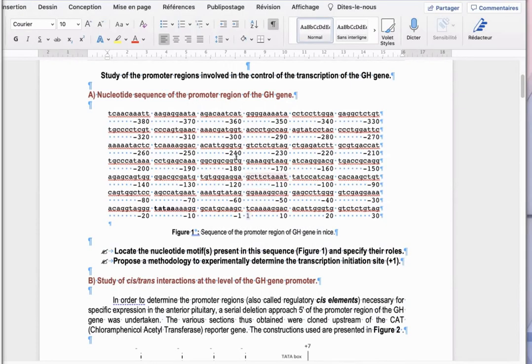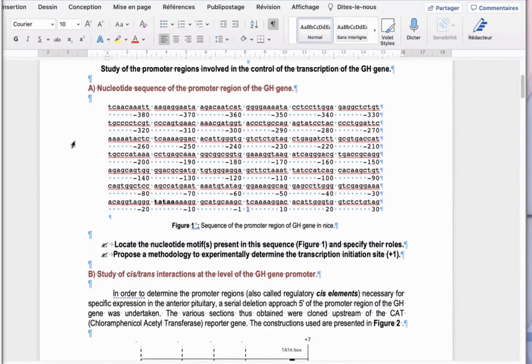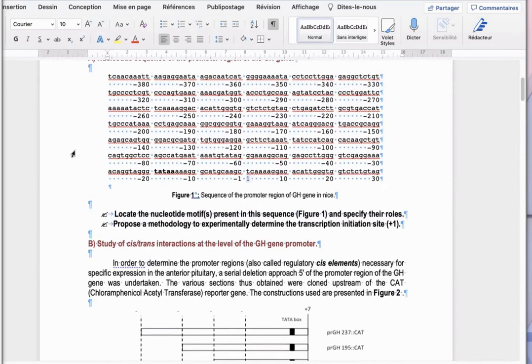So this was the beginning of the exercise, but it is not what is interesting us. After, you should be able to answer the second question from what you learned in bachelor. Do you know how to determine experimentally the transcription initiation start?